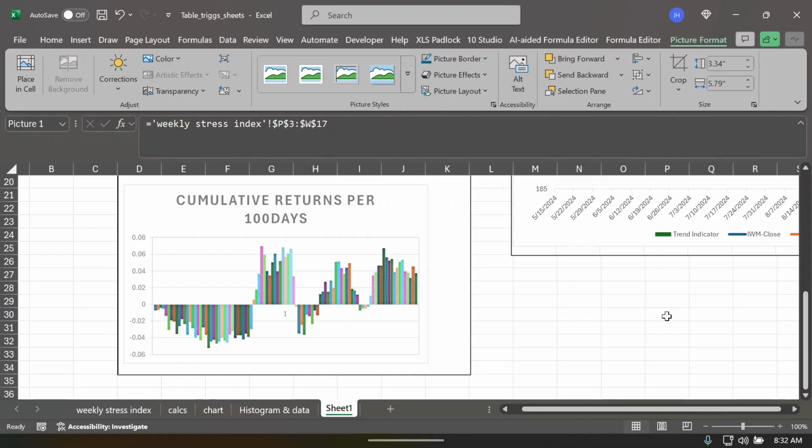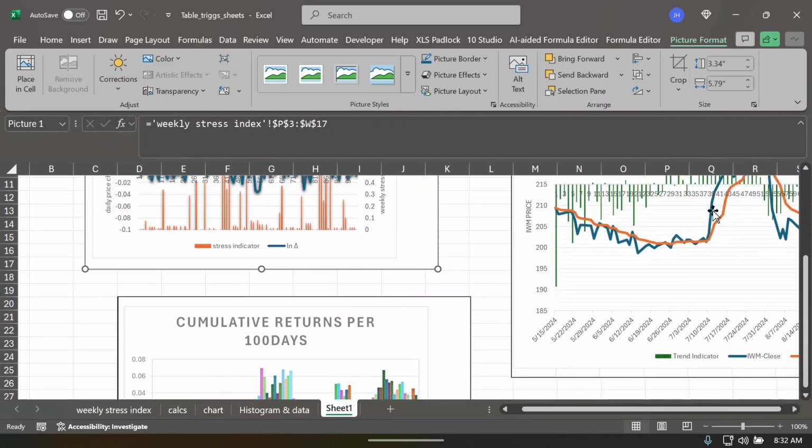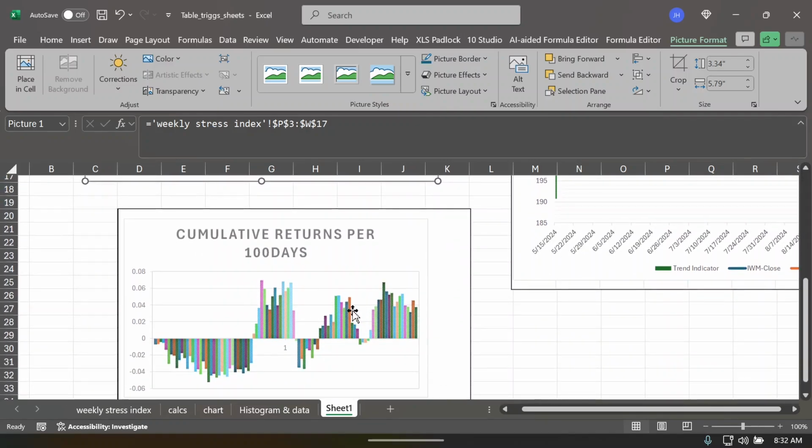Then the market bolted up. You can see there. And you would have had a cumulative return of around 6%, so on and so on. It rounded out in October to a return of about 4%.